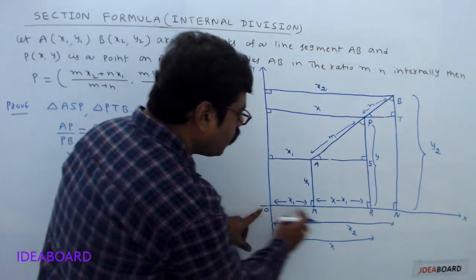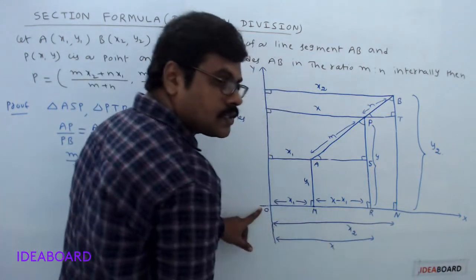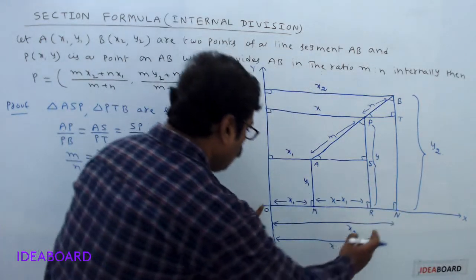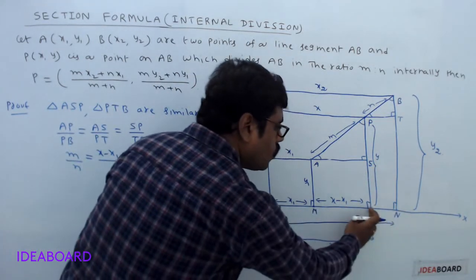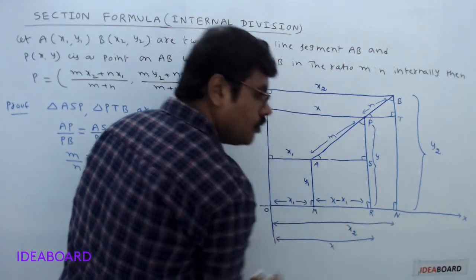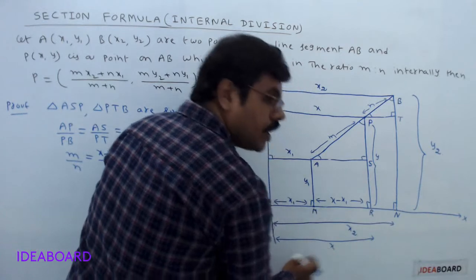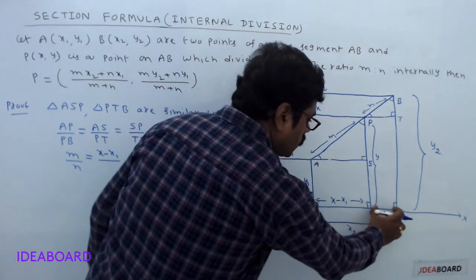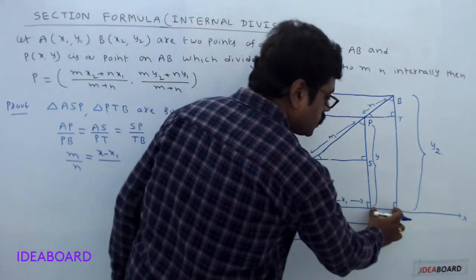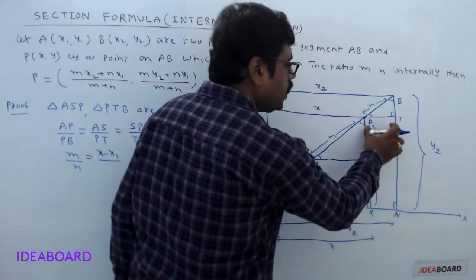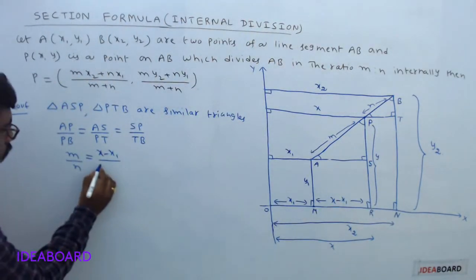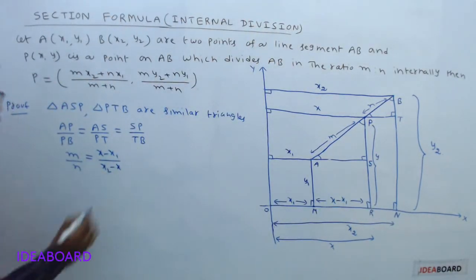Distance from O to R is X. So this RN can be expressed as ON minus OR. ON value is X2, OR value is X, so this is X2 minus X. RN value is X2 minus X means PT value is also X2 minus X.